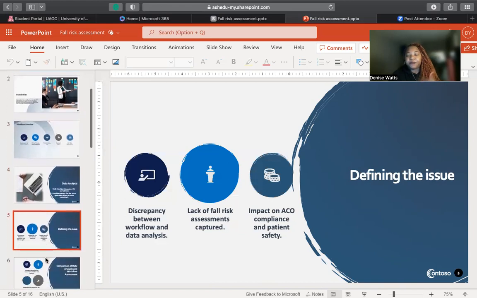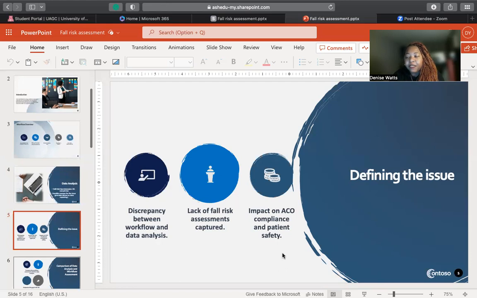Defining the issue. Discrepancies between workflow and data analysis, lack of fall risk assessment capture, impact on ACO compliance and patient safety. The issue at Sunnyland Medical Clinic can be defined as a significant discrepancy between the expected completion of fall risk assessments as indicated by the workflow and the actual completion rate of 0% as reported in the PE report.